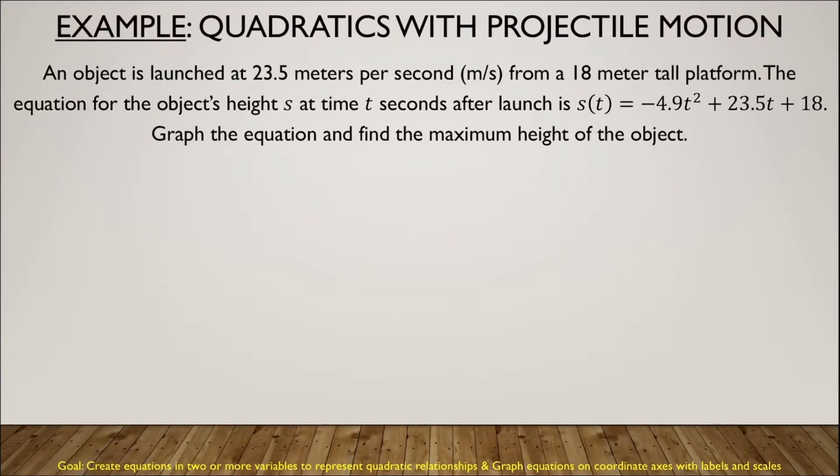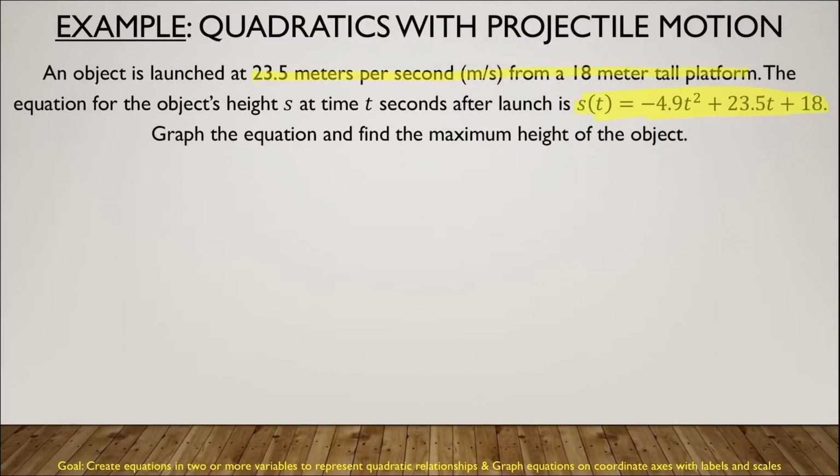Alright, an object is launched at 23.5 meters per second from an 18 meter tall platform. The equation for the graph's height, s at time t seconds after launch, is s of t equals negative 4.9 t squared plus 23.5 t plus 18.